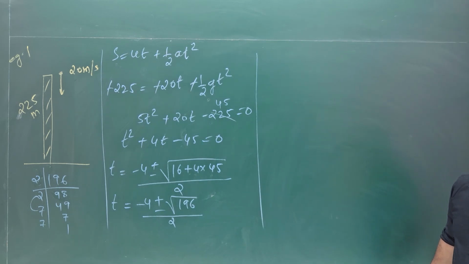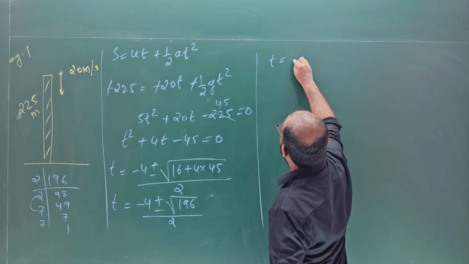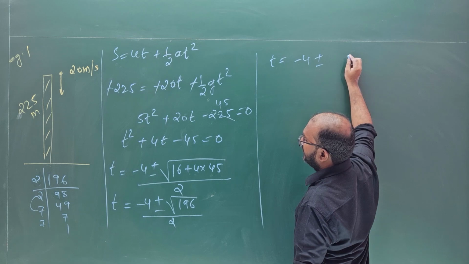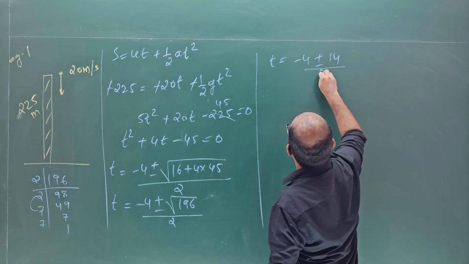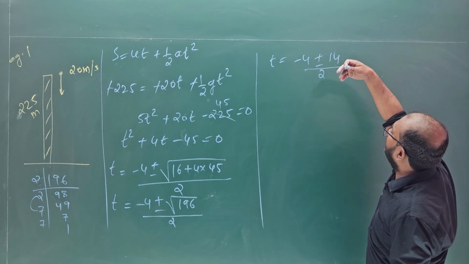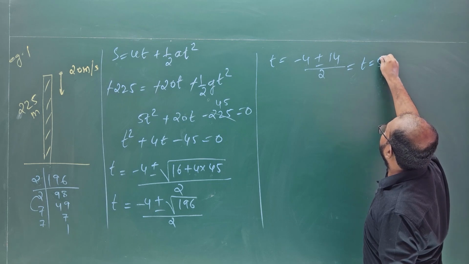I am not the mathematics teacher now. So t is equal to minus 4 plus or minus the root of 196, that is 14, upon 2. One root is always rejected, and 14 minus 4 is 10, divided by 2, so t is equal to 5 seconds.